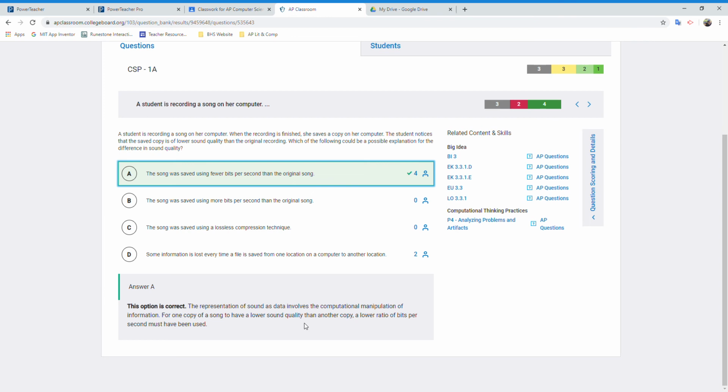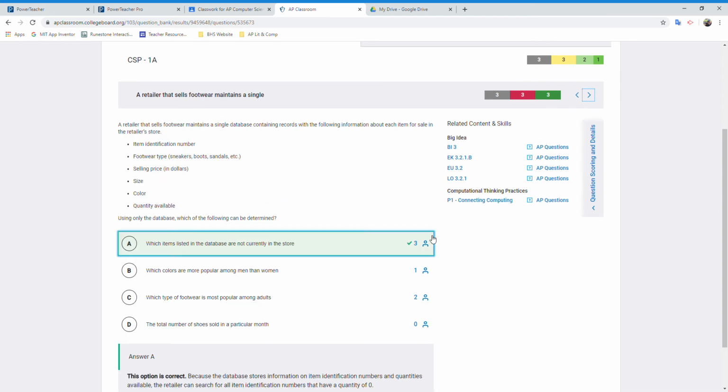However, she was obviously using some kind of a saving technology, a compression technology that lost quality. It's a lossy technology that she's using, and that's the most likely explanation. The song was saved using fewer bits per second than the original song. In other words, lossy technology. To get this, you want to go review in the textbook where it talks about lossless versus lossy saving technology. That's in unit 2 or 3, I'm not sure. Let's go back and check.